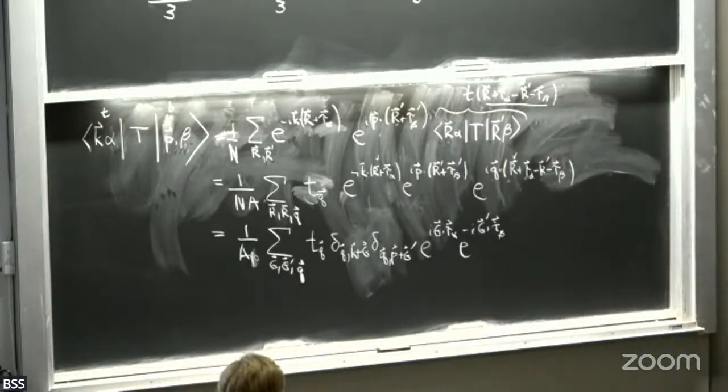Okay, so tau is 0 for one of the two atoms in the unit cell, and it is equal to that vector connecting nearest neighbors in the vertical direction when the label is the other atom in the unit cell.